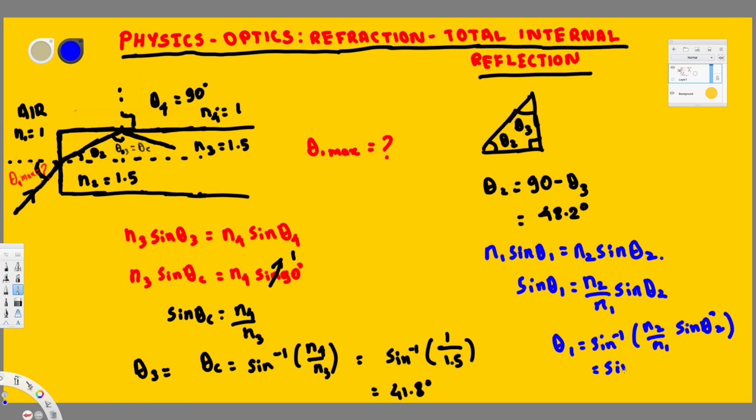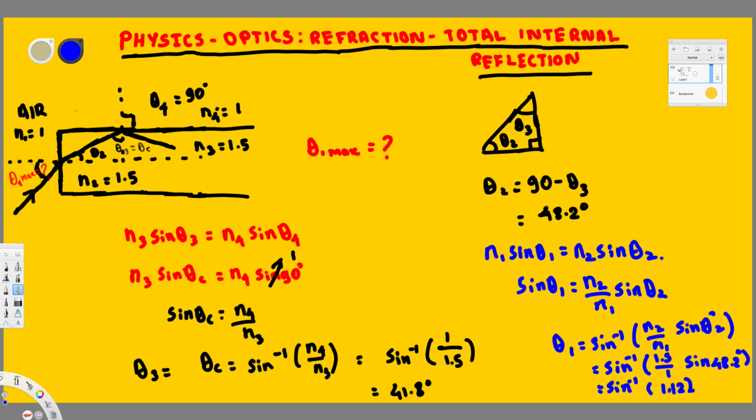Sine inverse of N2, the index of refraction of the fiber optic cable, that is 1.5 over 1, times sine theta 2. We found out theta 2 is this angle, 48.2 degrees, and if you calculate this inside value, you will end up with 1.12, and we know that sine cannot be above 1.